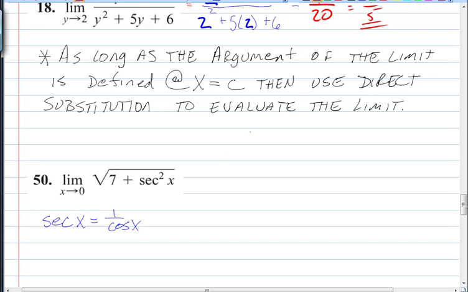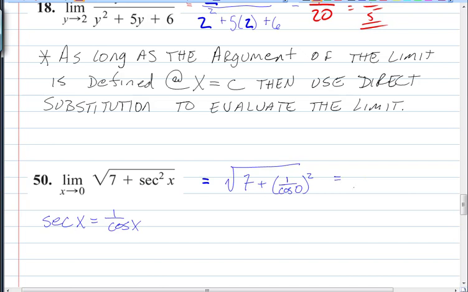1. So we can use direct substitution because what this is going to end up being is the square root of 7 plus secant, which is 1 over cosine 0 squared.